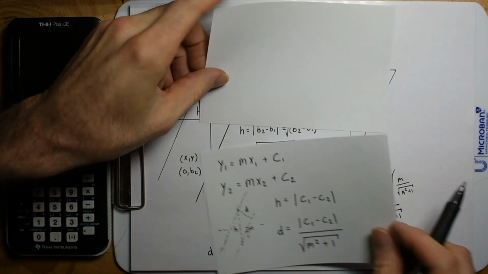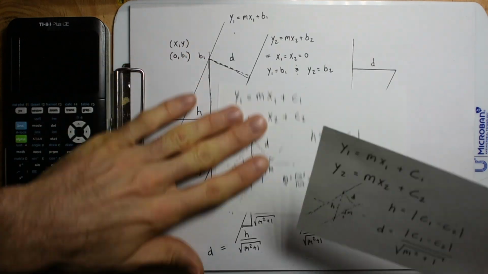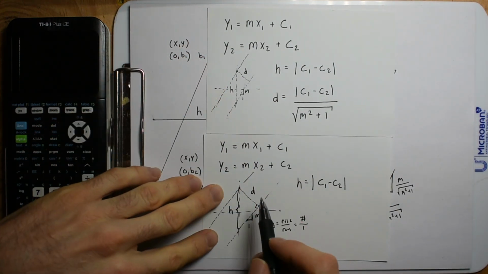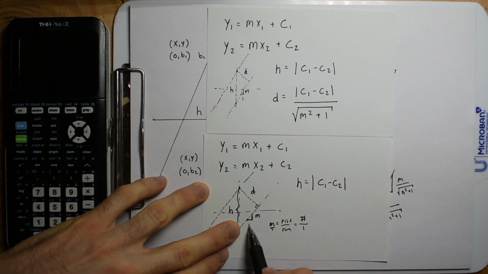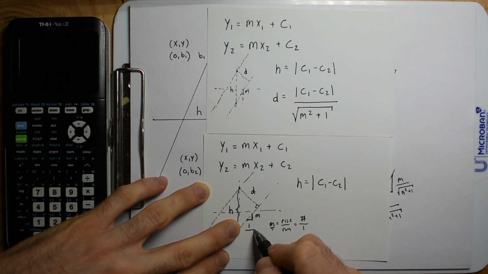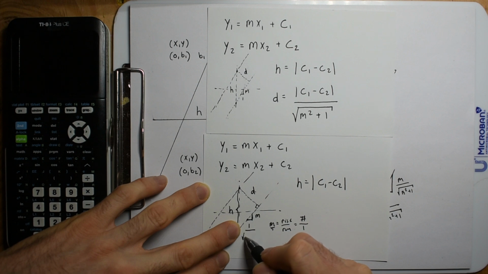So let's see if we could have done that in one go. I'm trying to find this distance. Just by visualizing this, I take my hypotenuse to 1 by dividing by this hypotenuse, which is the square root of these two components squared, m squared plus 1.